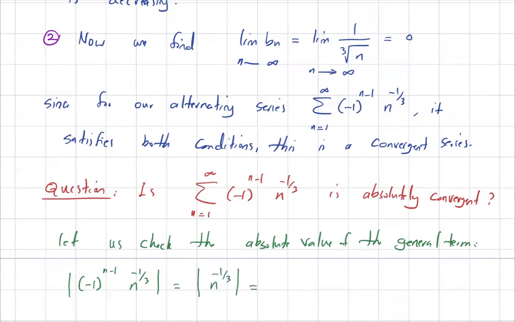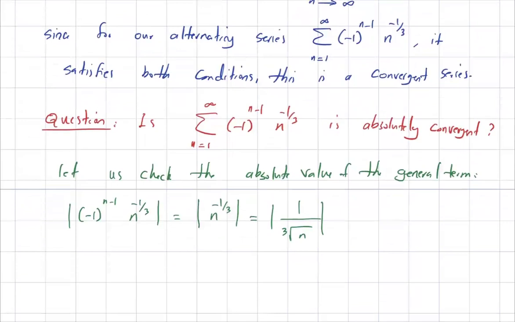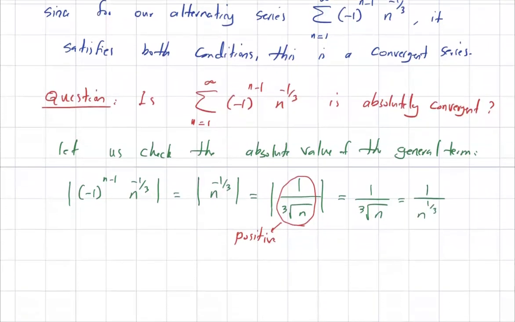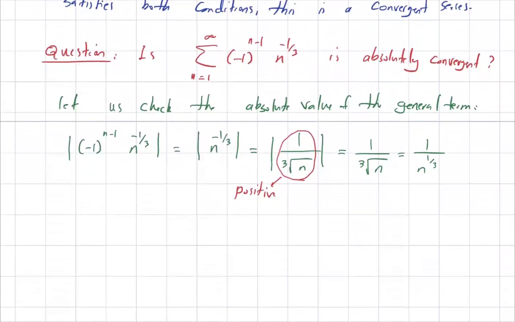Or basically you have the absolute value of 1 divided by the third root of n, but this quantity is a positive quantity. So you can get rid of the absolute value. This is equal to 1 divided by the third root of n, or 1 divided by n to power a third. Well, remind yourself of P series.